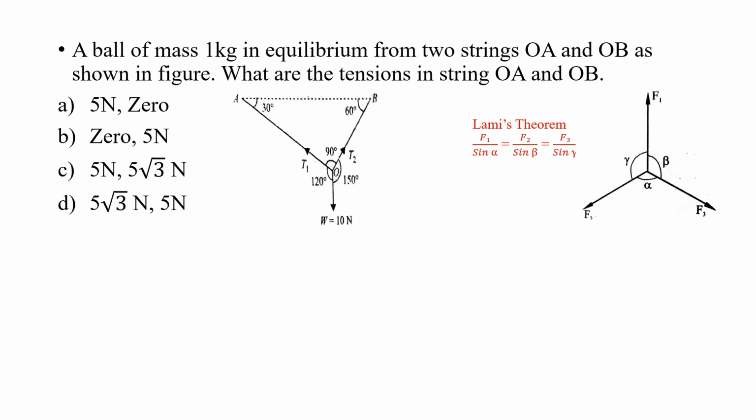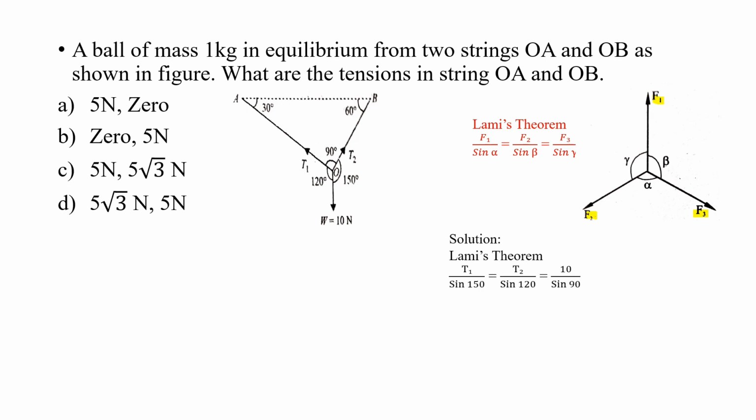See the figure: if three forces F1, F2, F3 are acting at a point and all the included angles are known, then F1/sin alpha = F2/sin beta = F3/sin gamma. By using this relation, you are going to solve this problem.